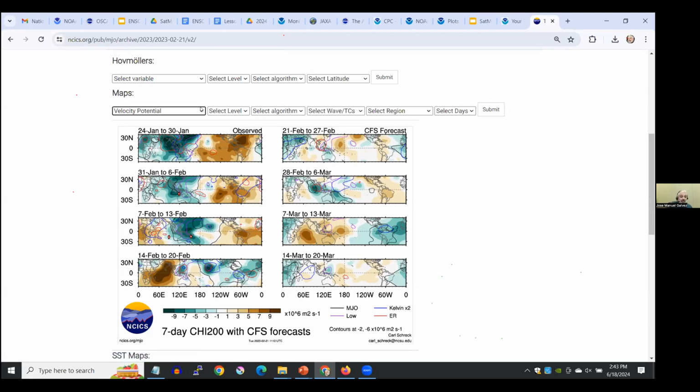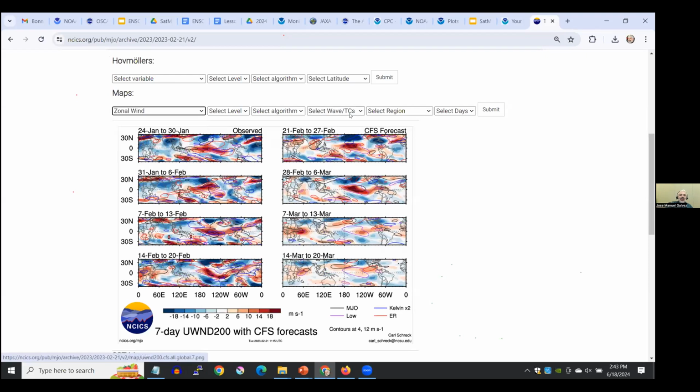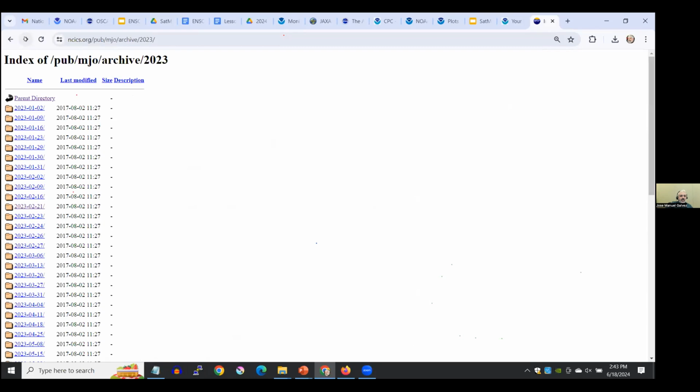So we can look at this just by looking at this database, and let's go look at zonal wind. Zonal wind means east or west, the eastern or western component of the wind. So let's look at this.